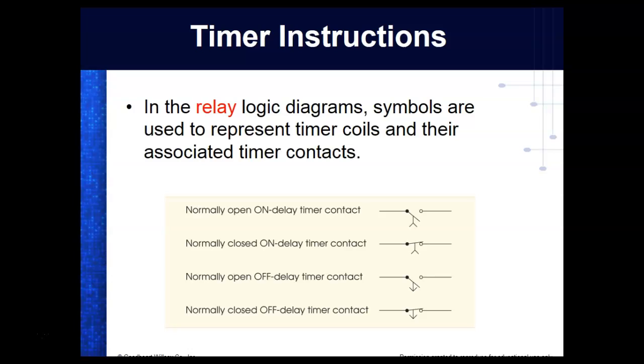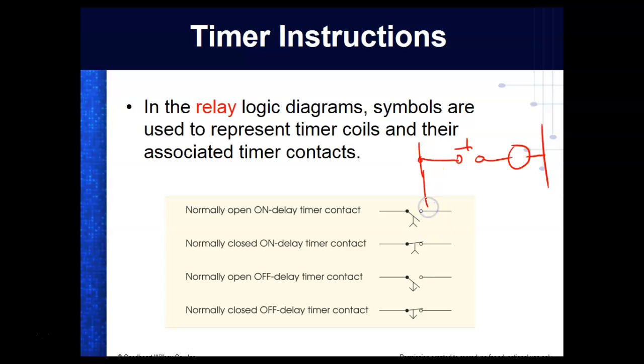So this is relay logic. On relay logic, I'll have a timer and then a coil. The coil does not define it as a timer. What defines it as a timer is the contacts controlled by that timer.